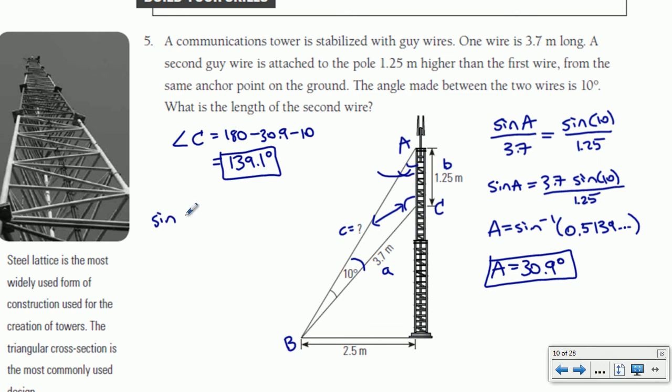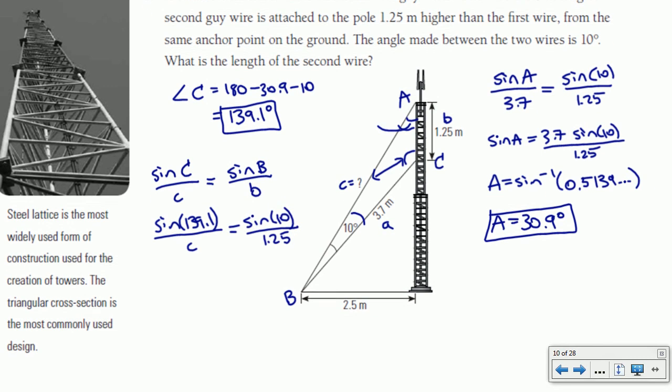We can do sine C over length C equals sine B over length B. Sine C, 139.1 divided by length C equals sine of 10 divided by 1.25.